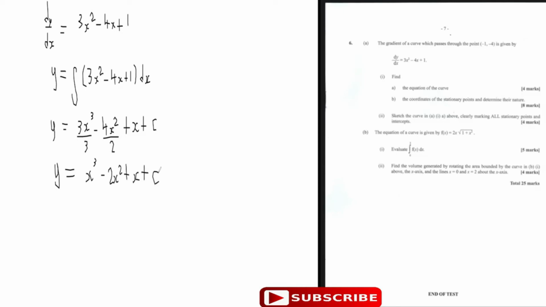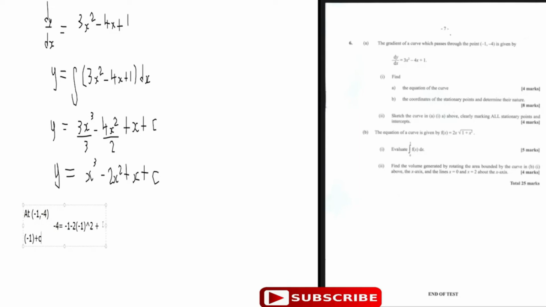Nice and easy. Now you need the point -1, -4. So at -1, -4, y is -4. So it's going to be -4 is equal to -1 cubed, which is -1, minus 2 times -1 squared plus -1, plus c.